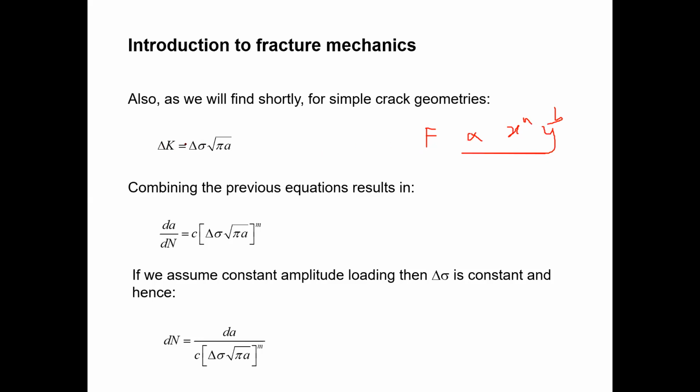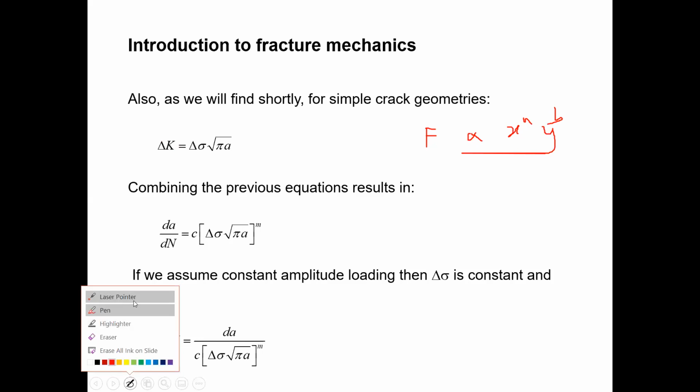Like this, here also you can see it is a function of stress range and crack length. They have already found the powers. For the stress range the power a equals 1, and for the crack length the power b equals half, and the constant value is something like square root 5.